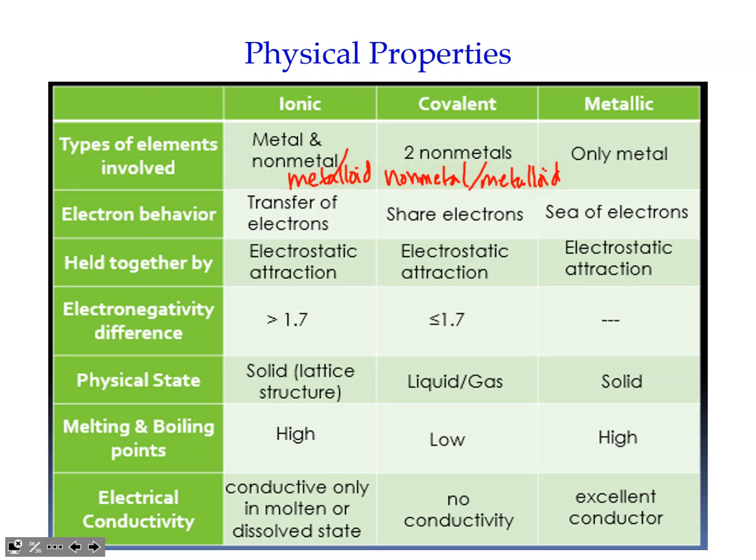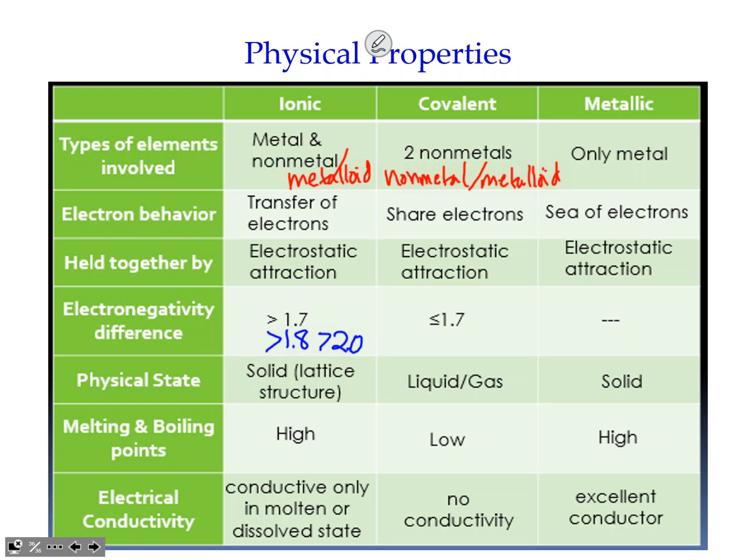The electronegativity difference should be great for ionic. On some scales it's 1.8; one you saw said 2.0. It doesn't really matter. You're not going to be asked to calculate it, but just know that it's a great electronegativity difference. The covalents have a lesser electronegativity difference.